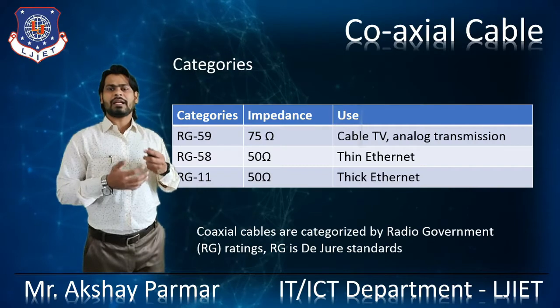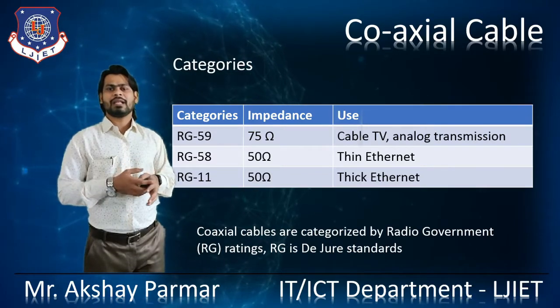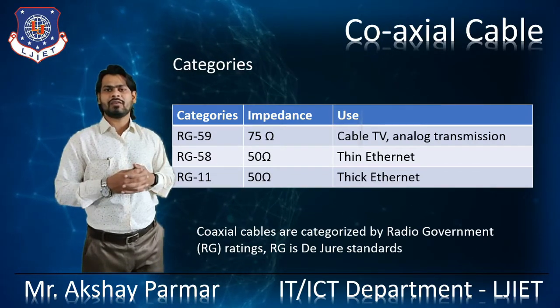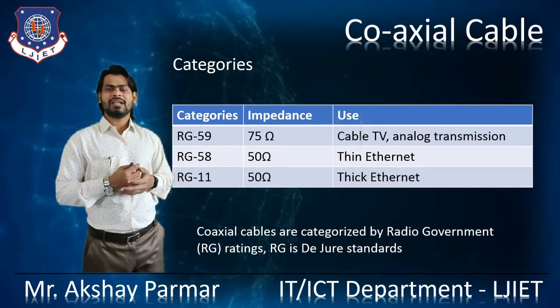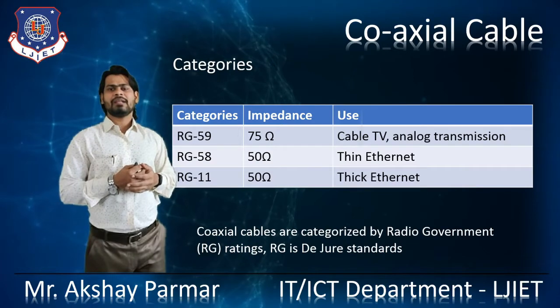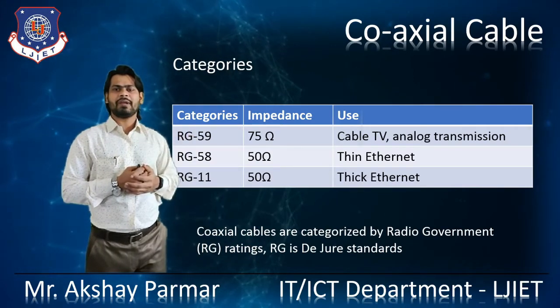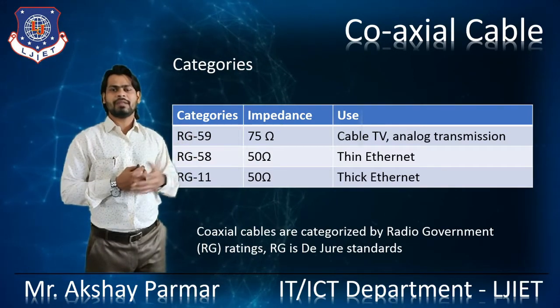After that, the categories of the coaxial cable: there are mainly three categories. You can observe RG59, RG58 and RG11. They have different impedances, and the uses of these cables are different.